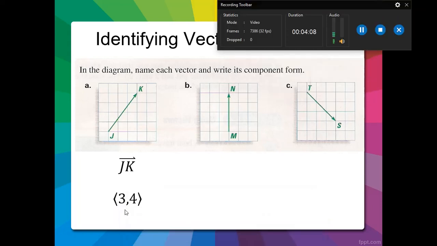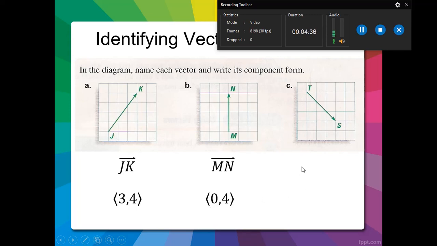is listed here. In example B, we first want to name it. So again, we're starting at M, traveling to N. So this is vector MN. Now the movement left or right didn't occur, but I still have to represent that somehow. So we'll use a 0. And then I did have to move up 4 blocks. So there's the component form for my translation.